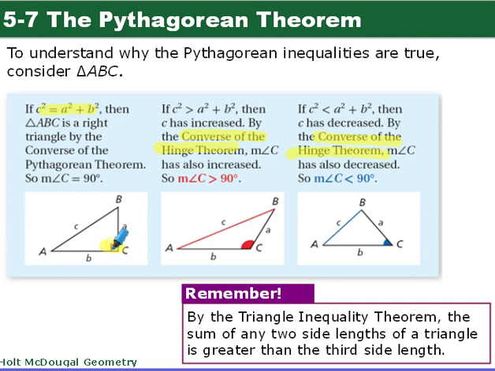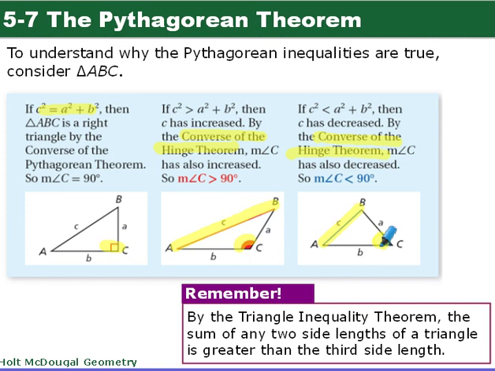If the side c is larger, and so c squared is actually greater than the sum of the squares of the two sides, that means your angle is going to be bigger since this side is bigger, and that's going to be an obtuse angle. If c squared is less than the sum of the other two squares, that implies c is a shorter side, meaning you're going to have a smaller angle, which means it would be acute.